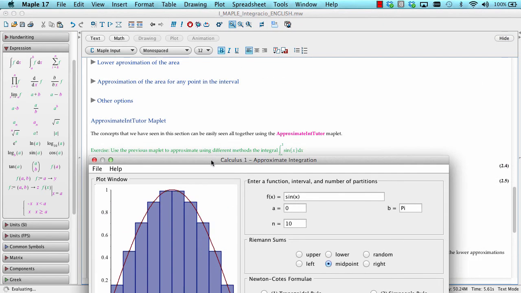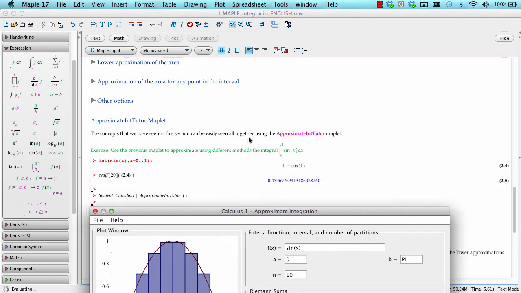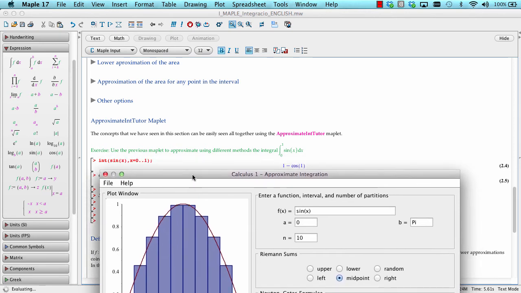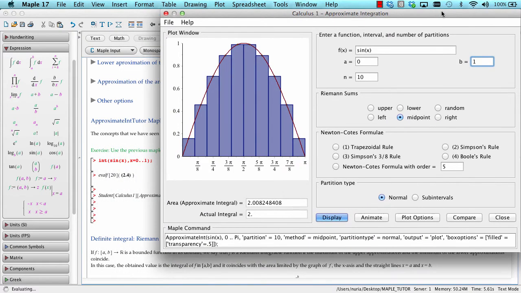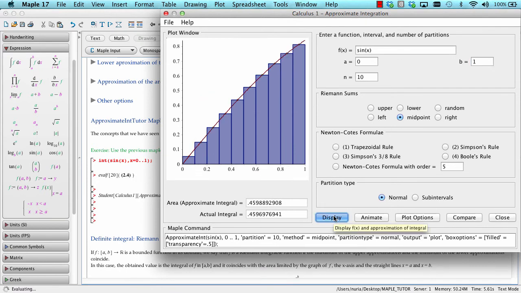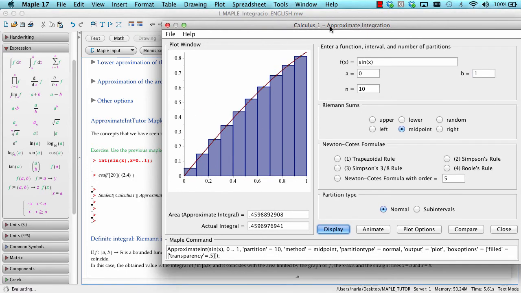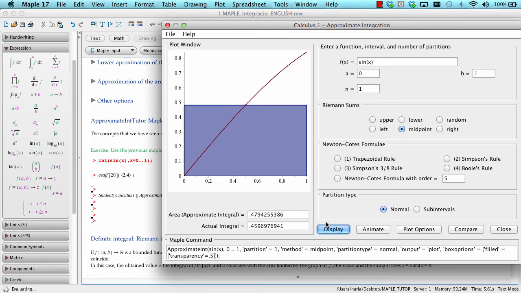If you do this, you can see that Maple is opening the Approximate Integration tutor, and we have a function. Here, our function is sine of x, but we are working between 0 and 1, so we make display. And now what we want to find is the area under this curve. Imagine that you don't know how to compute it.